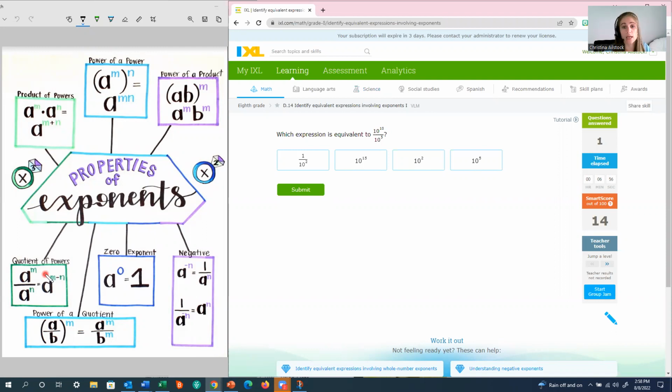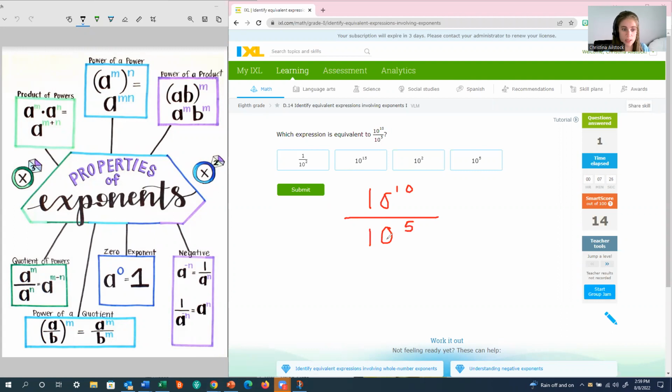So remember, quotient is the word for answer to a division problem. And it tells us that if we have two powers with the same base, A and A, and in our example here, 10 and 10, same base, so we're good to go. When they're being divided, we can simplify that by subtracting our exponents. So we have 10 to the 10th divided by 10 to the 5th.